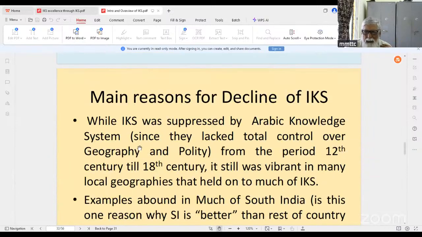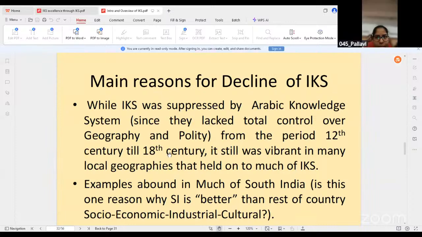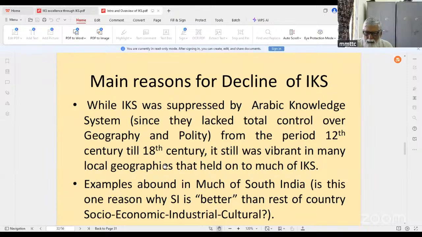The main reason for the decline of the Indian knowledge system is that it was suppressed by the Arabic knowledge system, because they took control of Delhi in the 12th century till the 18th century. They were continuously suppressing, trying to impose an Arabic knowledge system.